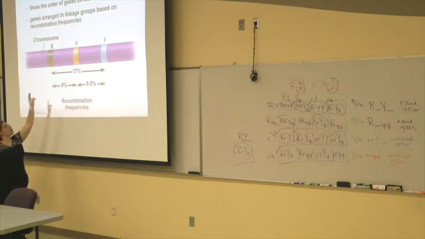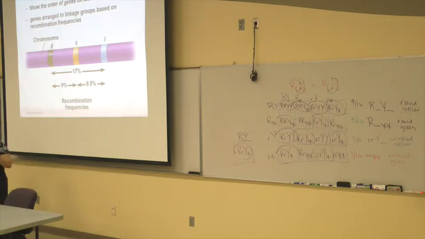If they are closer together on the chromosome, they tend to have a lower recombination frequency, a lower chance of being separated by crossing over. Okay, so genes that are located close together on chromosomes tend to be inherited together. The further apart they are, the more likely they are to be separated by crossing over.